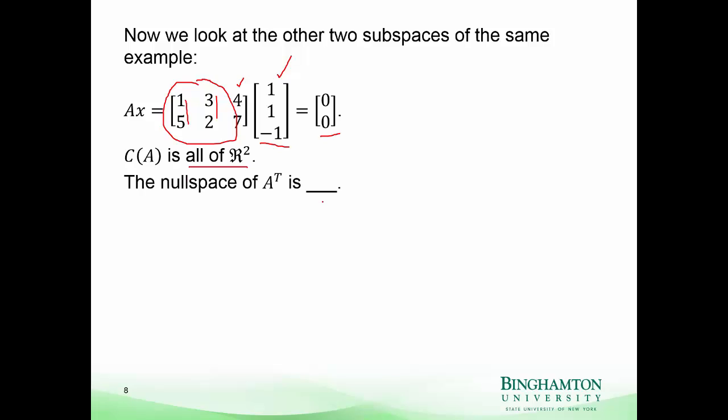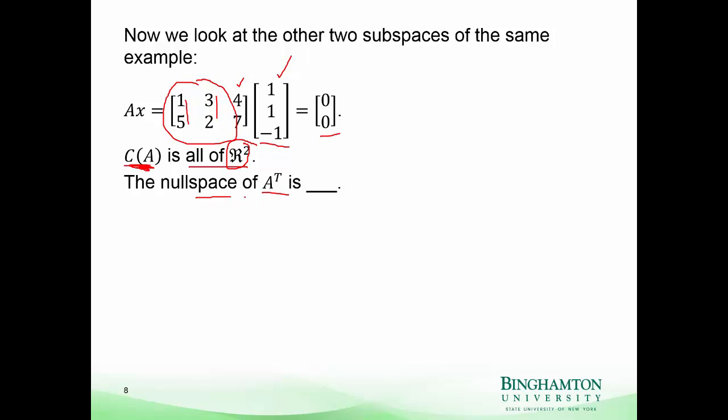And so what would be the null space of A transpose? Well, we can think of a couple ways of thinking about this. We can try to puzzle that out by looking at A transpose, but we can also remember our dimension rules. We've learned that the column space must have dimension equal to the rank. Since it's all of R2, we know that the rank of this A is 2.